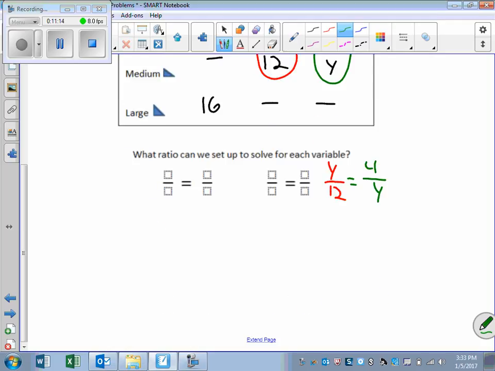Now, to solve, we just do geometric mean. So we got the square root of 12 times 4, the square root of 48. It is not a whole number, so we can just leave it and say that the square root of 48 is equal to y. And we can go back and plug that in.